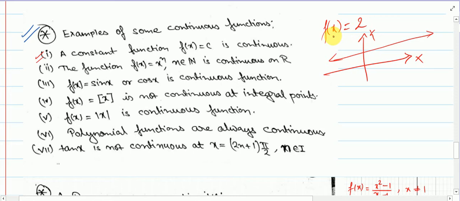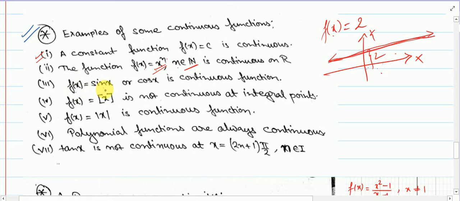So the graph of this function will be this line parallel to the x-axis at height 2. So you can see this is continuous. Then the function f(x) equal to x^n, where n is a natural number, is always continuous.